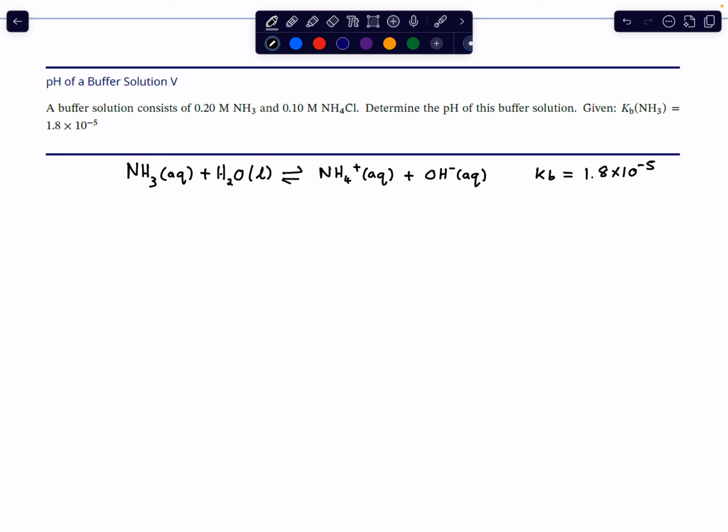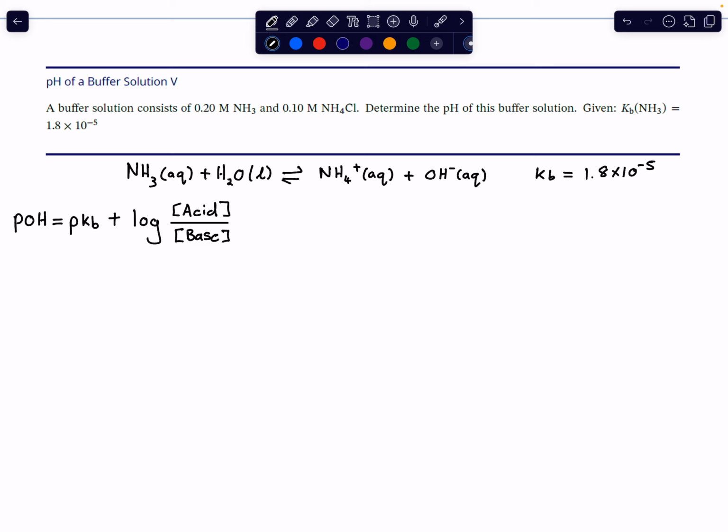Alright, so now we can do one of two things. Because we are interested in the pH of the buffer solution, you can either calculate the pOH, using the basic form of the Henderson-Hasselbalch equation, pOH is equal to the pKb plus log of the conjugate acid concentration divided by the conjugate base concentration.